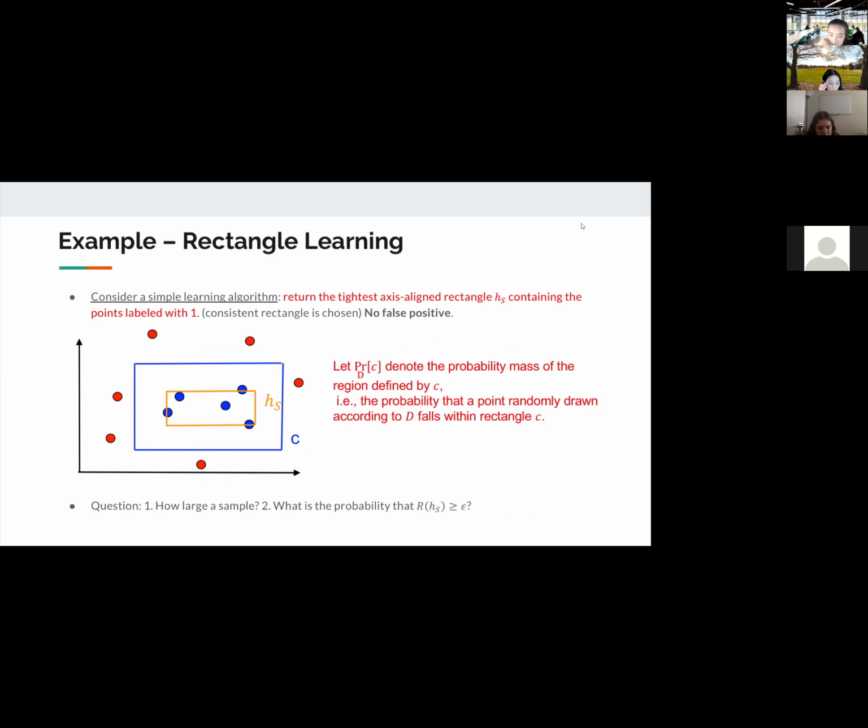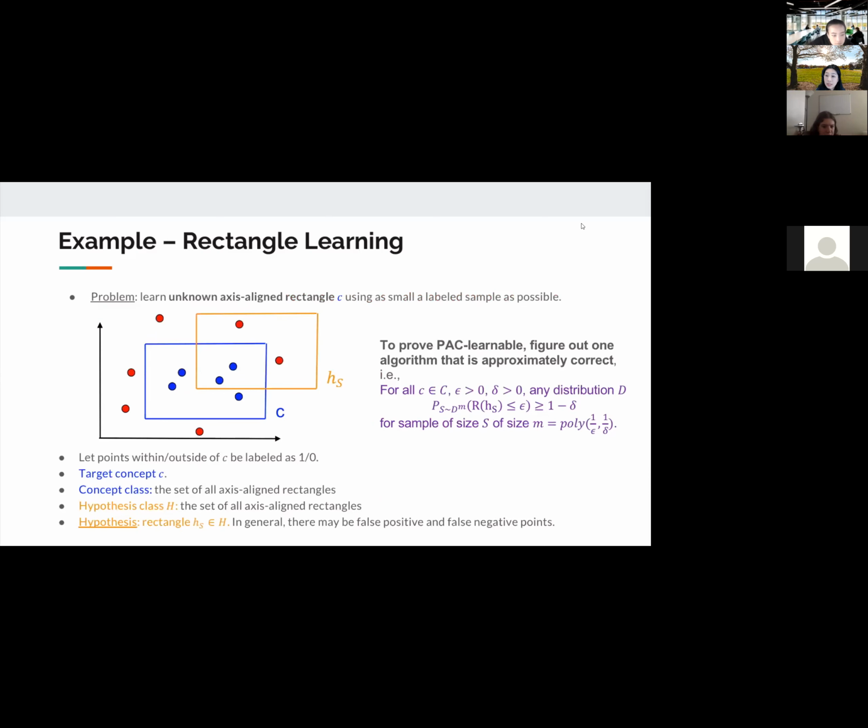All right, so now to answer these two questions. And by the way, any other questions from the audience? Is hypothesis class the same as the concept class? That's not correct, right? Hypothesis class is something you start with. That's a very good question. So in this example here, the concept class is just the set of all axis aligned rectangles.